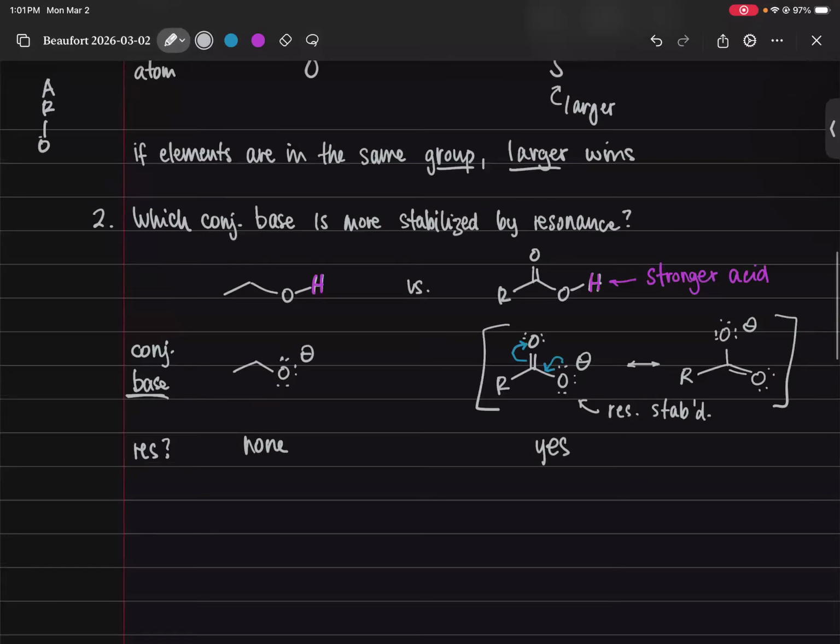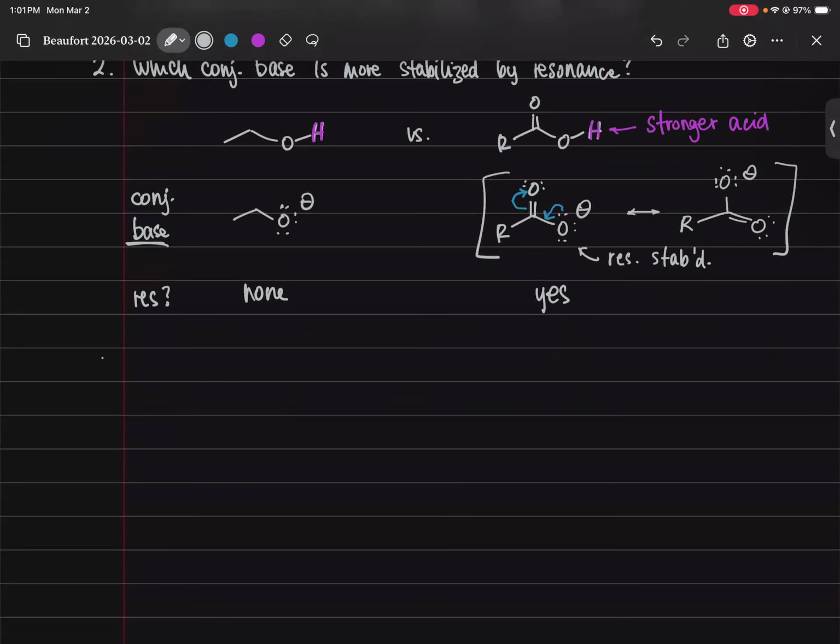Okay, atom, resonance, induction. Okay, three is induction. Now, I will say these are in order of importance, one, two, three, four.